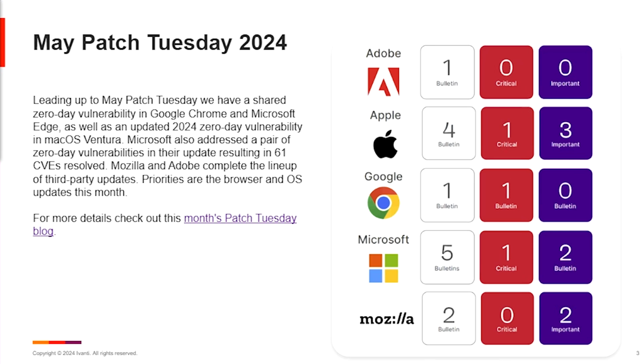On the Microsoft side, 5 bulletins that Todd will be talking us through. 1 of those is critical. That's the SharePoint update. There were 2 bulletins that were important. And then there were some additional moderate updates from them this month. And then we have Mozilla. Mozilla did release Firefox and Firefox ESR, and those were rated as important this month.